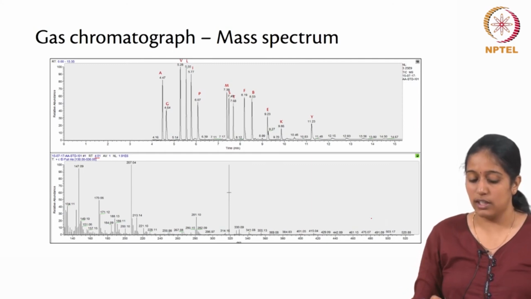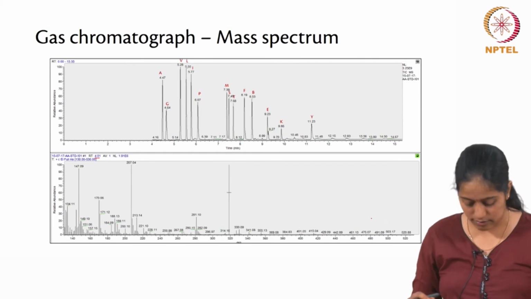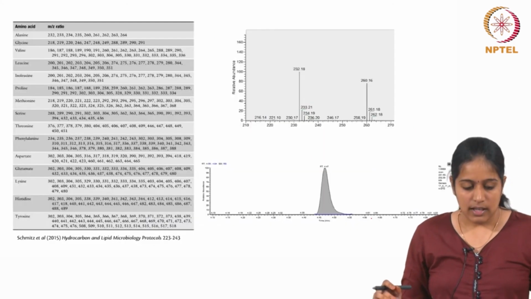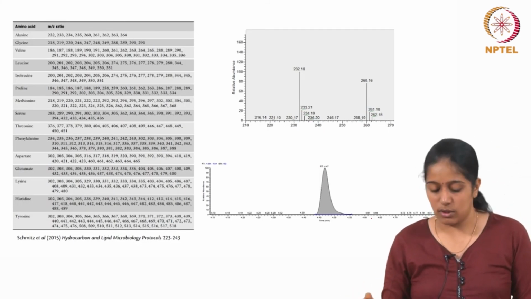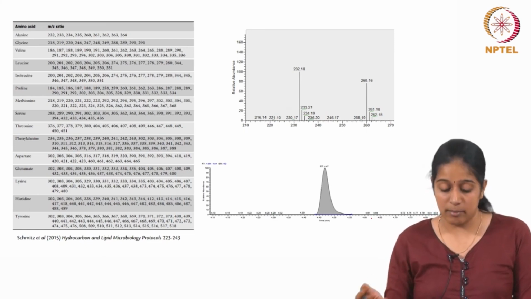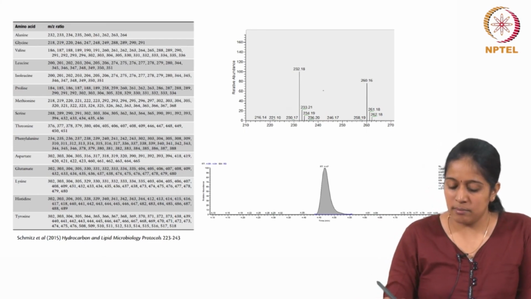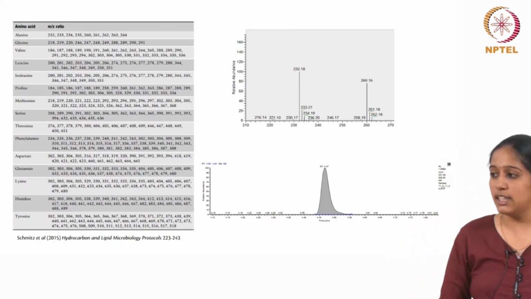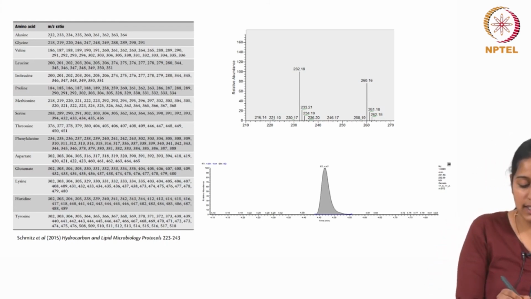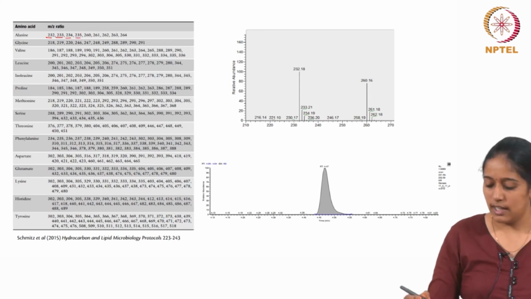So, in the retention time of 4.01 you can find all these ions. This is how a general gas chromatograph looks. If you look at alanine, the amino acid I was talking about before, you have different derivatized masses. These are the different m by z ratios which you might observe for different amino acids. For example, alanine has 232, 233, 234, 235.